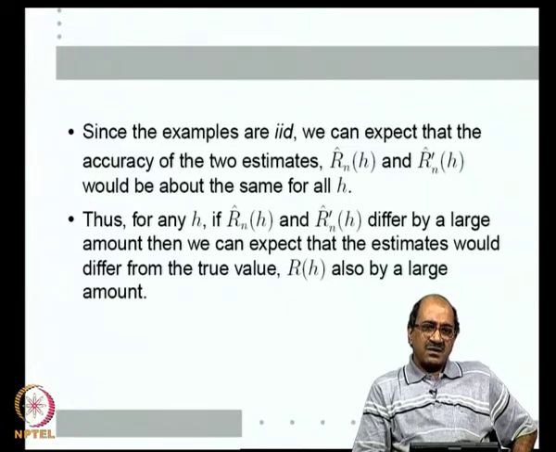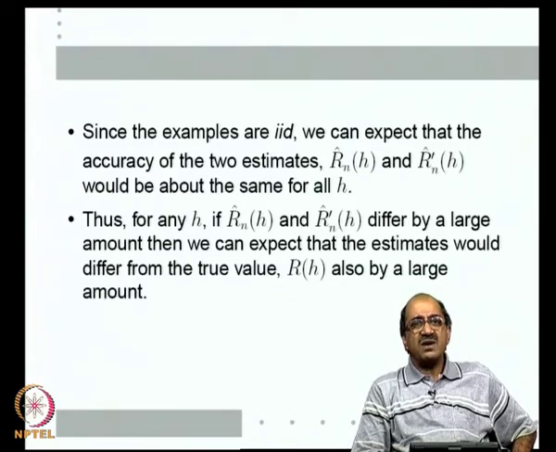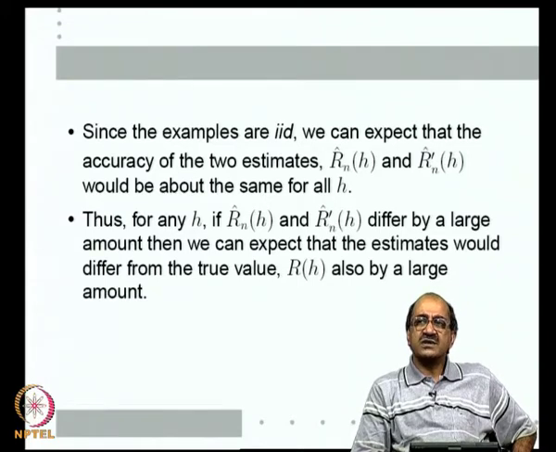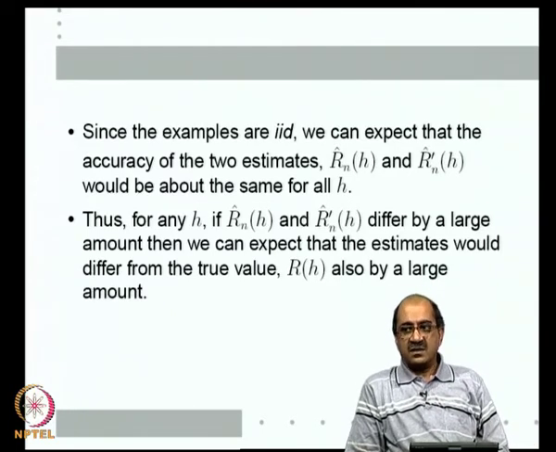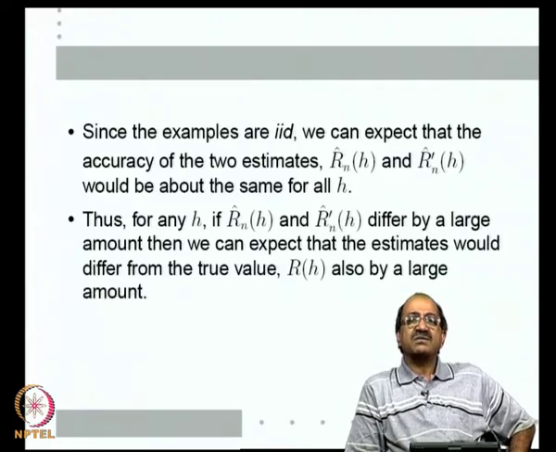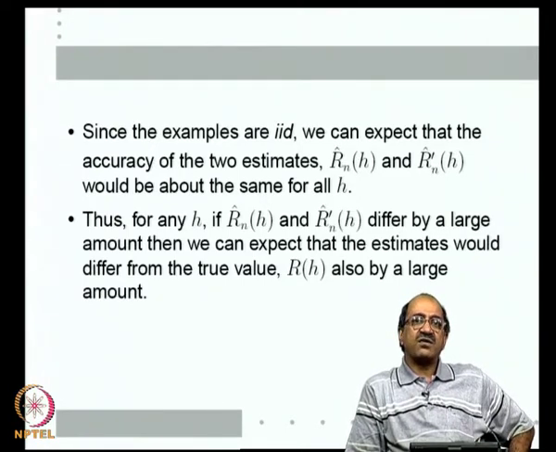Now, what does this mean? The probability of their differing from their true values is the same for both. So, either both of them are bad or both of them are good, which means if both of them are good, both of them are close to R(h) and hence they are close to each other. Conversely, if they are very far from each other, then we also expect that the estimates are far from the true values, because they are not really good estimates.